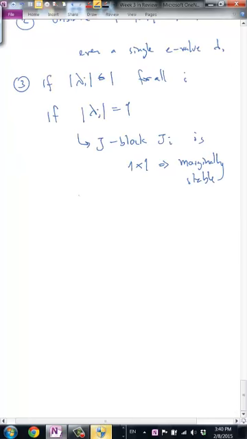On the other hand, if the Jordan block Ji is 2 by 2 or bigger, then it is unstable. We'll continue on Tuesday.